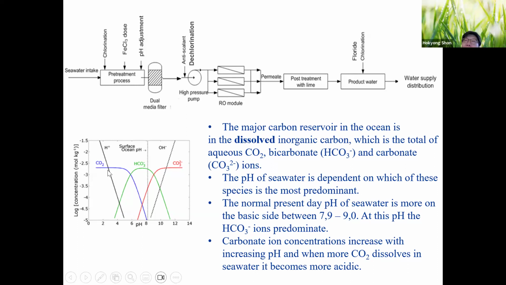But if we have more CO2 because of this climate change and a lot of industrial activity, what happens is the pH will decrease. The pH decreases and decreases. So we cannot have any more lobster in the future.